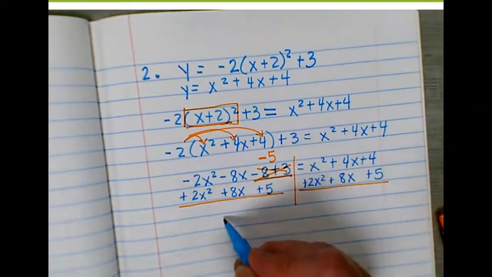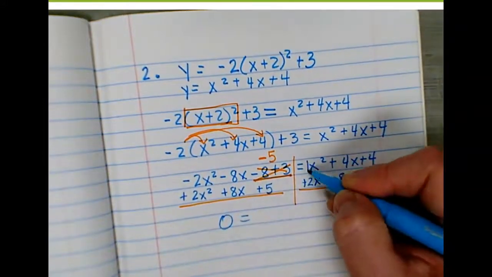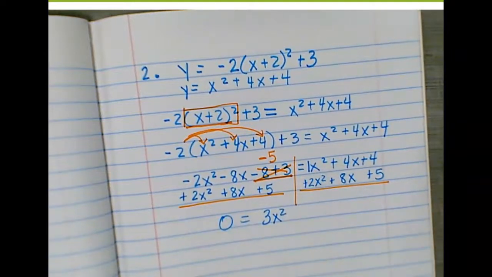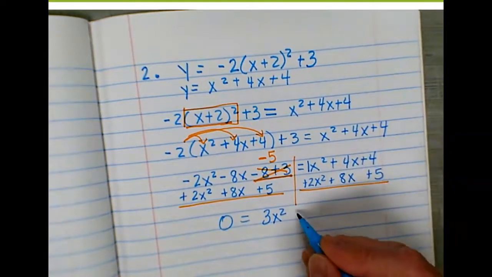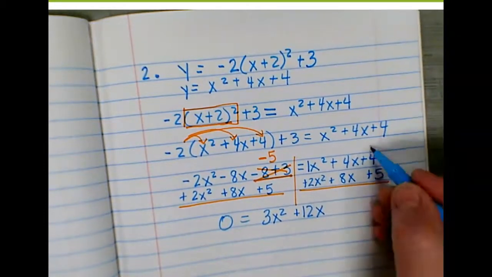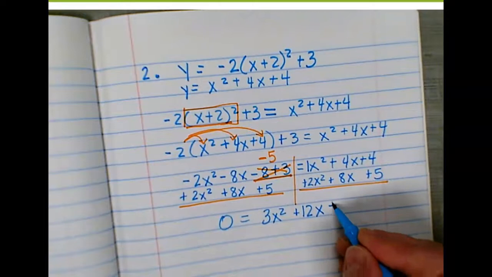So that all of this side will zero out. 1 plus 2 is 3. 4 plus 8 is 12. 4 plus 5 is 9.